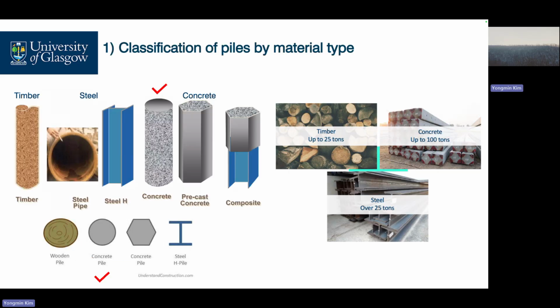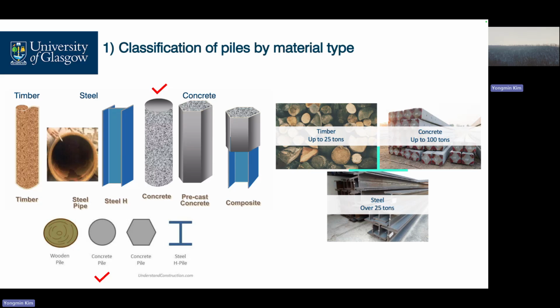Of course, concrete, number one pile. Steel, also number one. Timber, also, though concrete overtook it 10 years back. Timber piles we used to use frequently, but now timber is only for exterior walls, or the interior of a sports hall.